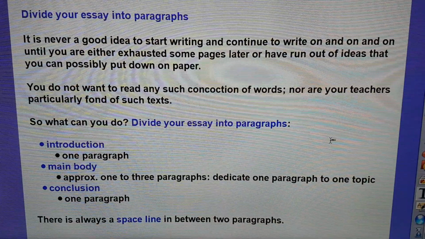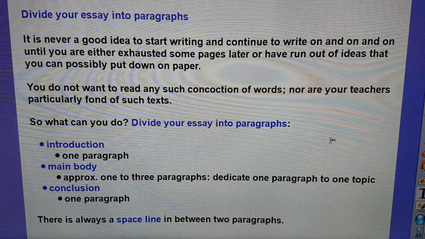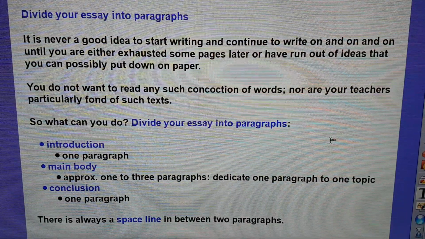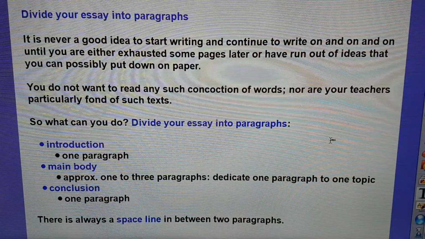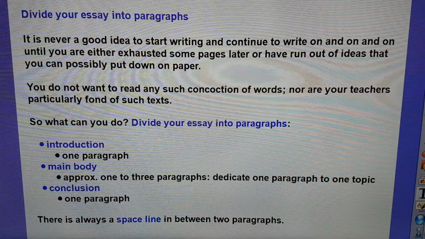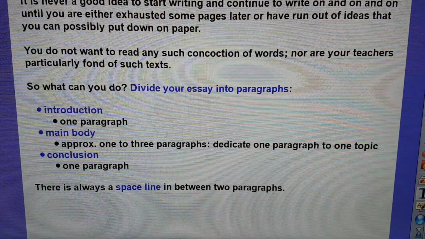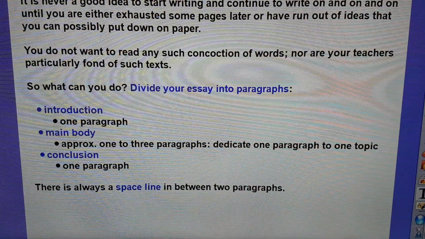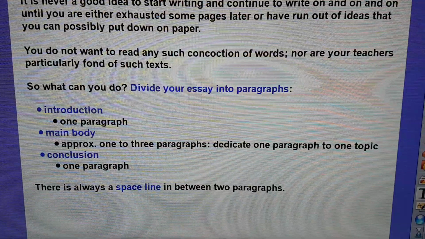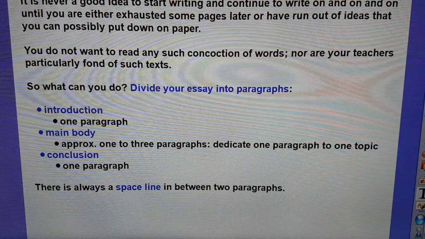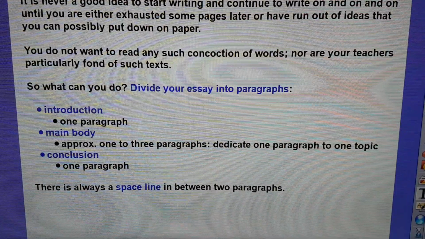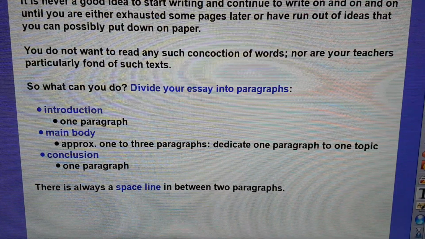And now I'm telling you a secret. We teachers aren't particularly fond of such texts either. So, what can you do to make your writing not only look structured, but also look a little more pleasant to the eye?